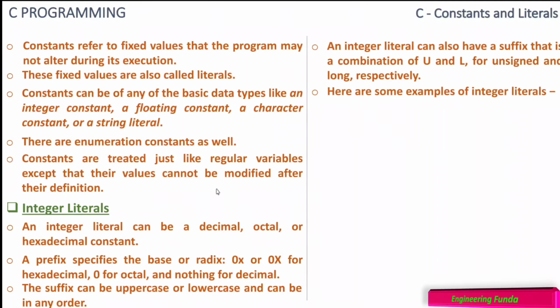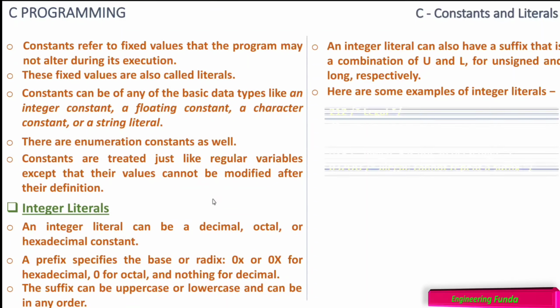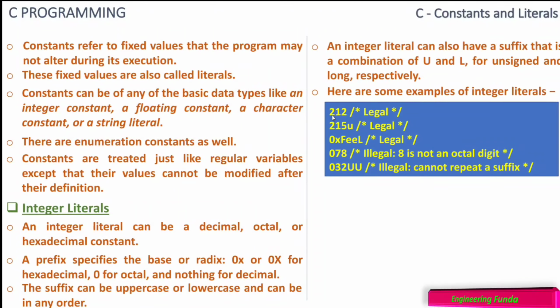So here are some examples of integer literals. Here you can see 212 is a legal, a valid integer literal. Then 215U, so U here stands for unsigned, so it is 215 unsigned, it is also valid. Then you have 0xFEEL, so this is a hexadecimal number FEE, and it is a long of that hexadecimal number, so this is also valid.